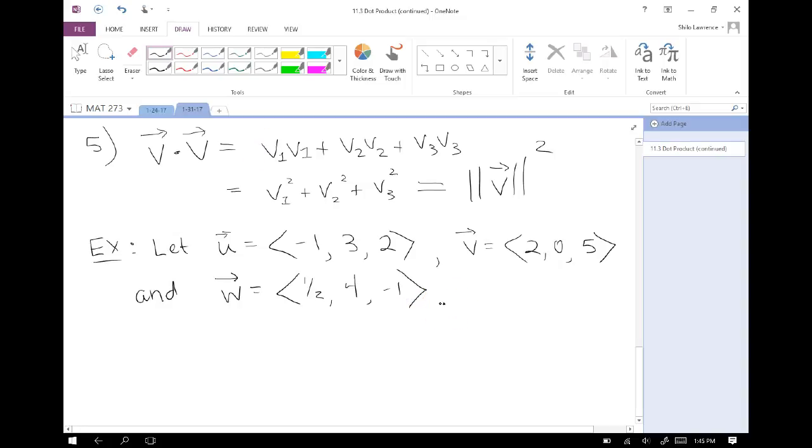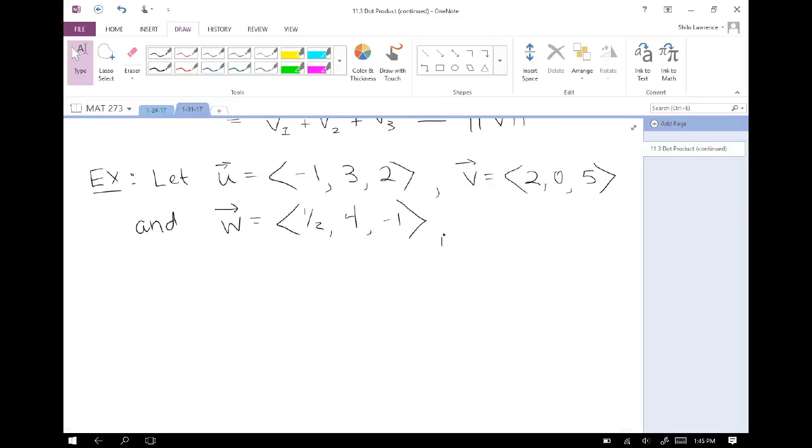So we're just going to do a bunch of calculations just to demonstrate some of those properties and see what happens when we're asked to do different things with them. If we've got u is -1, 3, 2, v is 2, 0, 5, and w is 1/2, 4, -1. We're going to find u dot w, and you guys can go ahead and start these because they're going to be really easy.